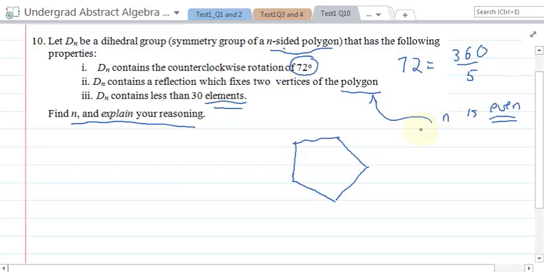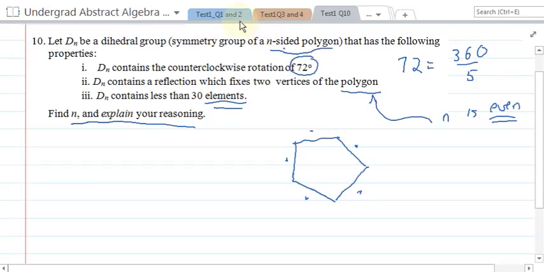So how can n be even and still contain this symmetry of 72-degree rotation? Well, this is what you have to think about. If the polygon had 10 sides, so I'll just draw it like this.